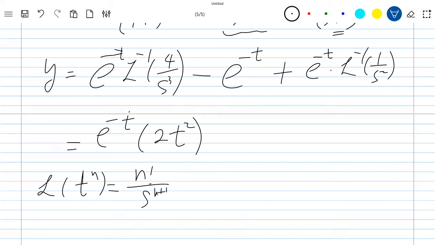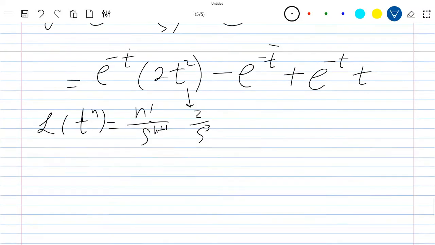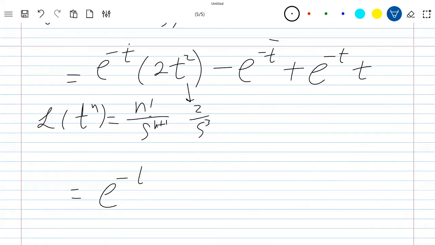Because this will give you 2 over s cubed. Okay, then you have e to the negative t plus negative t, and this is 1 over s squared, which is just t, right? t will give you 1 over s squared. So that's your result, e to the negative t times 2t squared plus t minus 1. Okay, that's your answer.